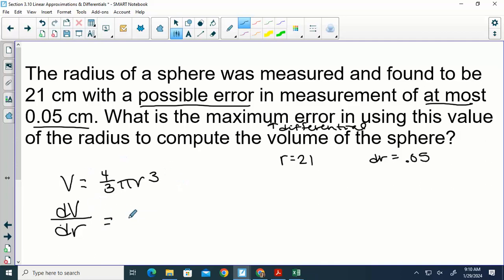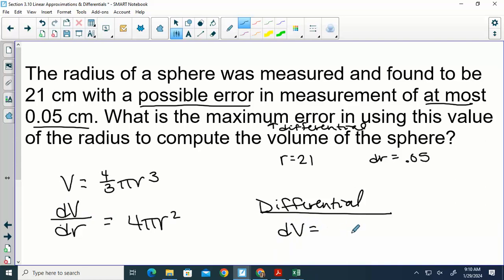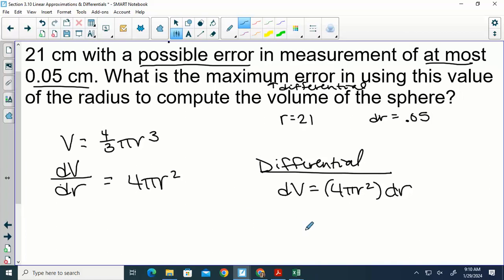You bring down your 3, you get 4 pi r squared. So my differential, all you do is get that dV by itself. So it's 4 pi r squared dr. That's the differential. So that will tell us how far off our volume is.